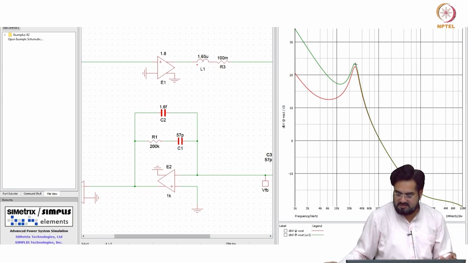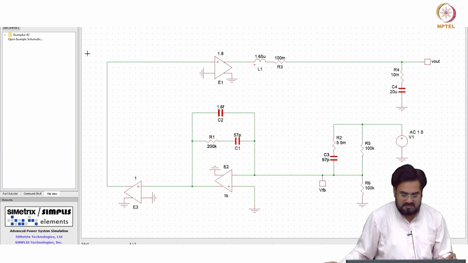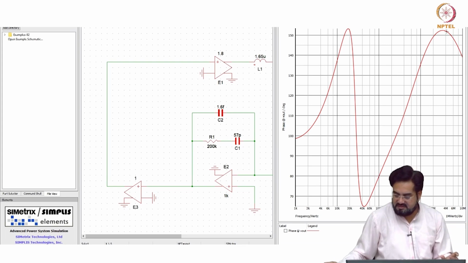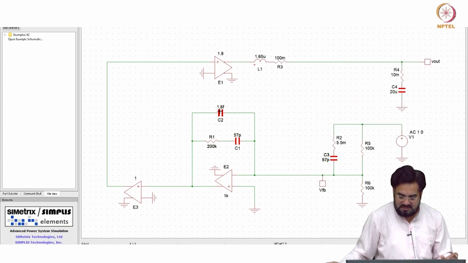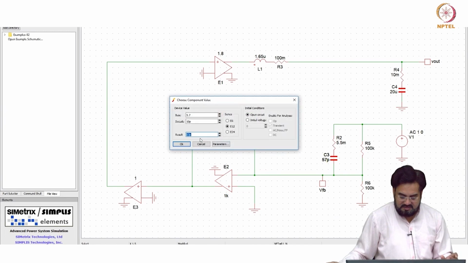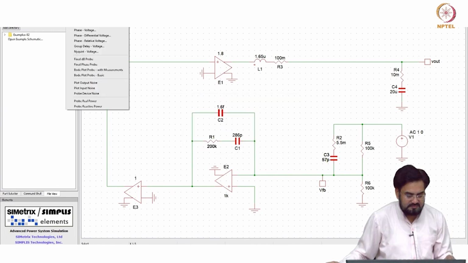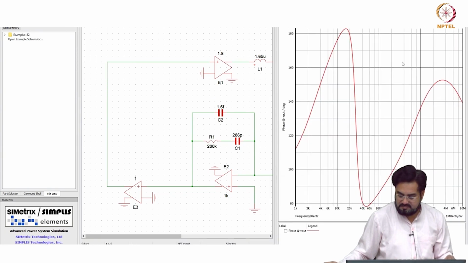And your phase margin should also be roughly the same. The phase margin roughly 80 degrees we are getting here, and if I make it lower, you will get slightly higher.